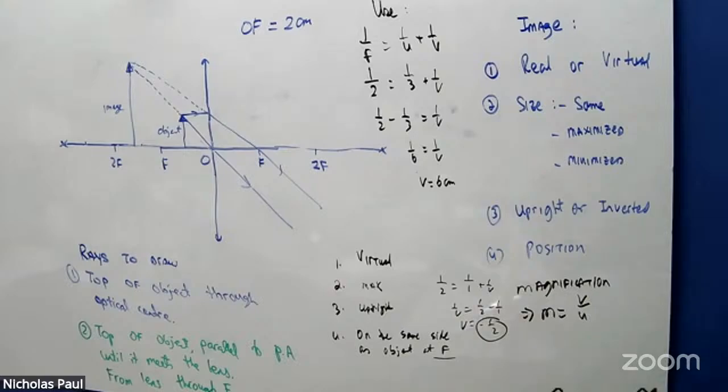Minus sign means it's virtual and it's on the same side as the object. So this minus sign here for v represents that it's a virtual image and it's on the, sorry, that should be minus 2. Same side as the object.